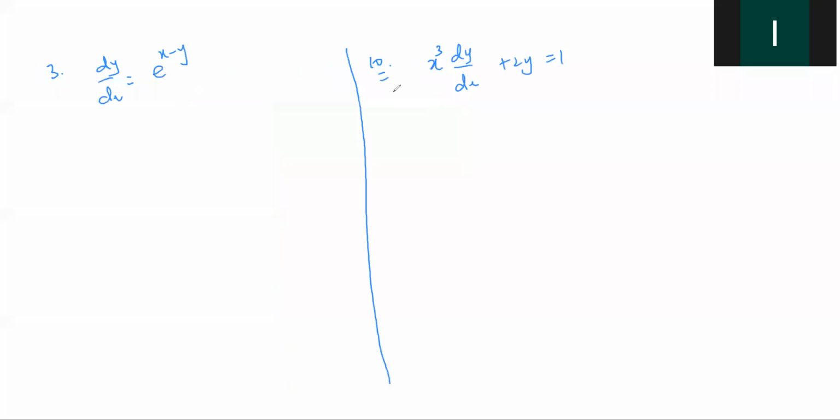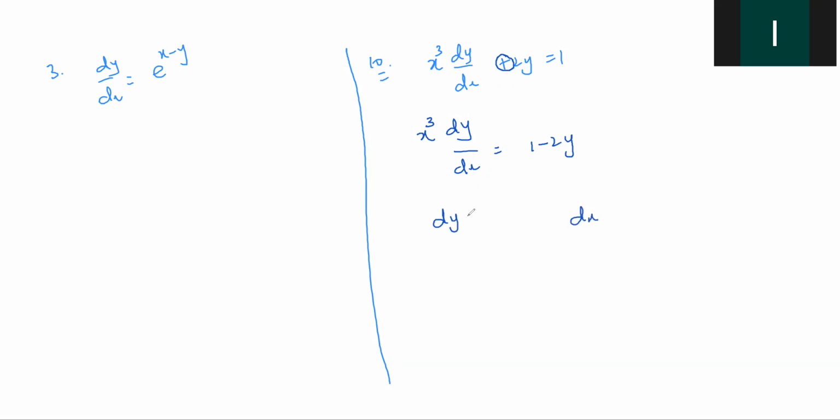If I take you to the next page, these are simple cases. If you look at this 10th question, again, we don't like this plus 2y. So this plus 2y has to be moved to the other side. This is x cubed dy by dx, and that is 1 minus 2y. Now this is going to be dy on this side and dx on this side.